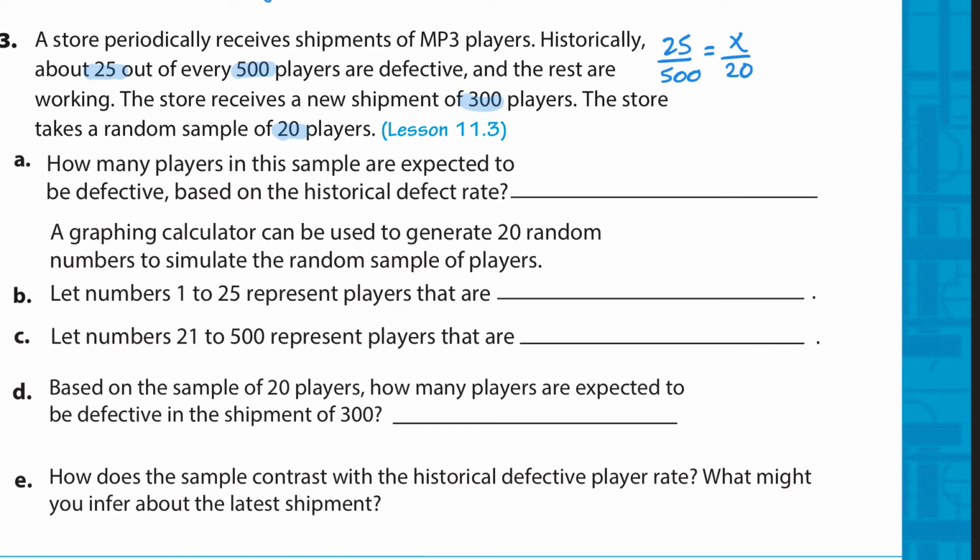Well, we would take 25 times 20 and divide it by 500. 25 times 20, I believe that's 500. Yeah, that's 500. So 500 over 500 is 1. So 1 out of every 20. So I would expect one.